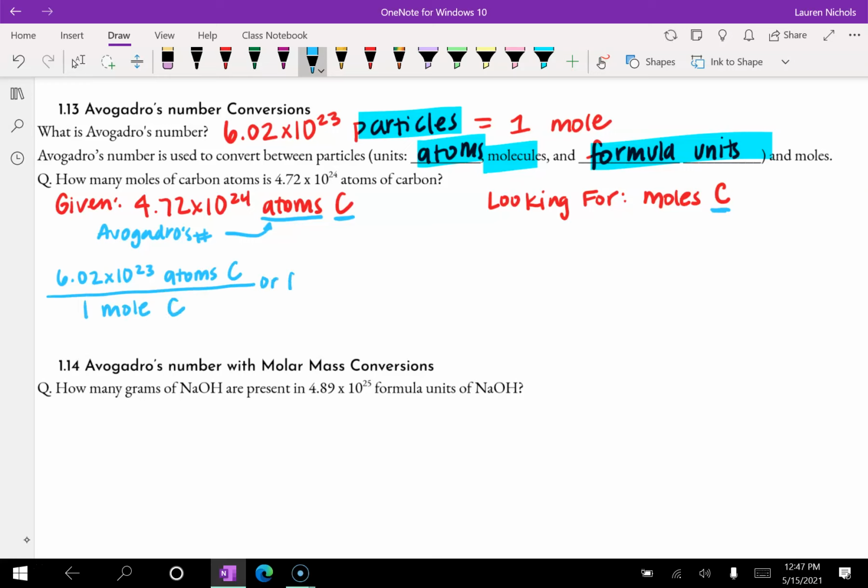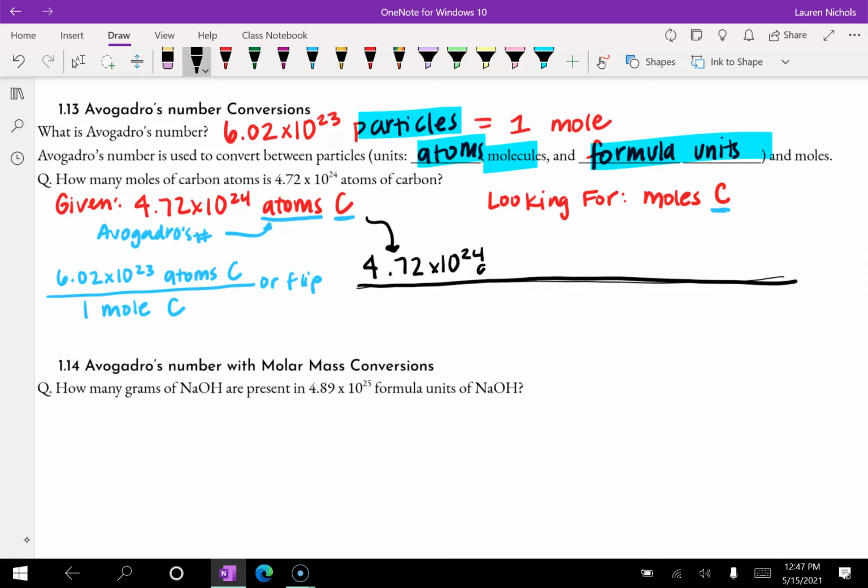And remember, we can either have it that way or we can flip it, depending on what we need in our T-chart. So when we set up our T-chart, we put what we're given right here. So we start out with 4.72 times 10 to the 24 atoms of carbon. And we know that whatever we have here has to show up at the bottom of our chart. And we see that in our fraction, that's at the top.